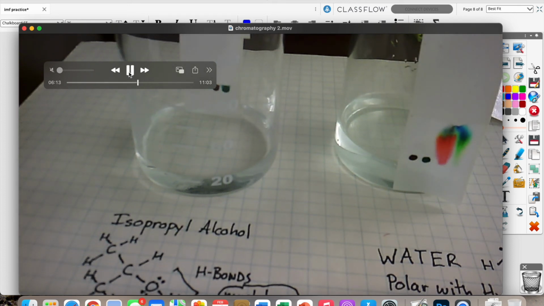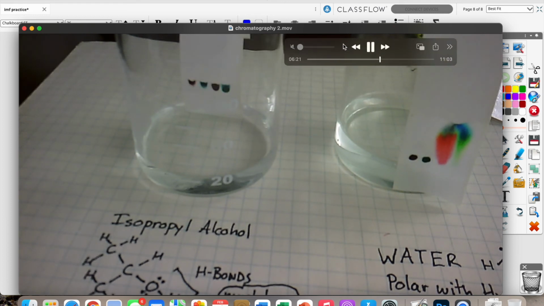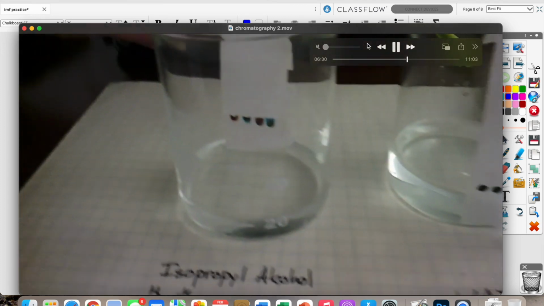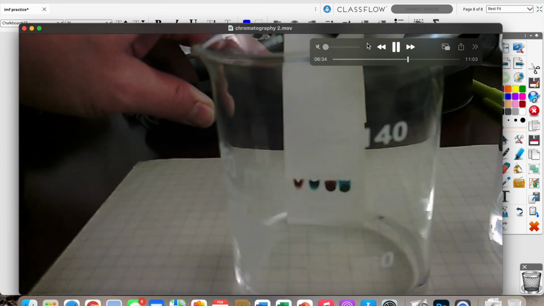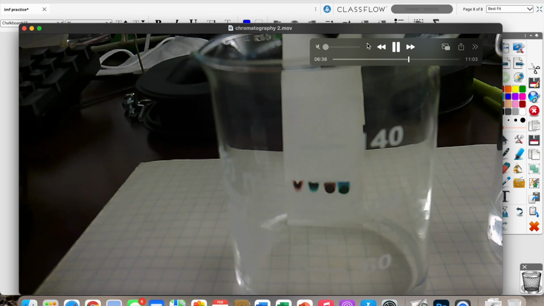So let's look at the other dots then, and let's see what they look like. Now the isopropanol moves a lot slower on the paper, but you can see it's moving up the paper some. What I think is readily apparent is that the permanent marker dots are clearly moving, whereas the water-based markers, some of the ink is moving, but you can still clearly see the circular dots at the bottom.